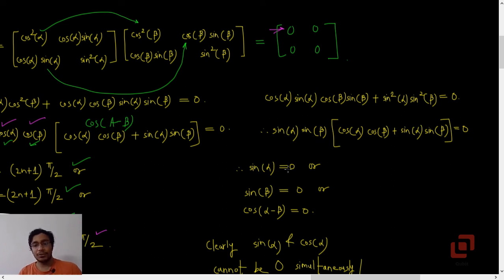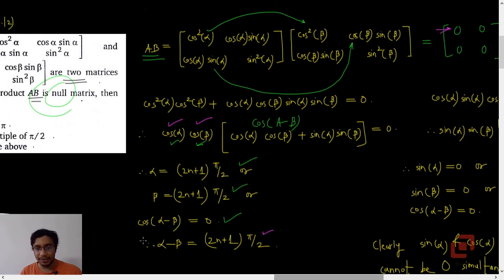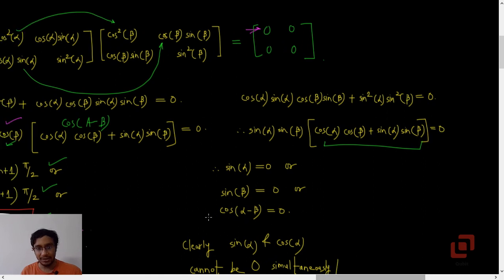So sin alpha equal to 0 or sin beta equal to 0, or again this term appears, cos alpha cos beta plus sin alpha sin beta. So either sin alpha is 0 or sin beta is 0, or cos of alpha minus beta equal to 0. Now again cos of alpha minus beta has appeared, in the first term and now also in the second term.